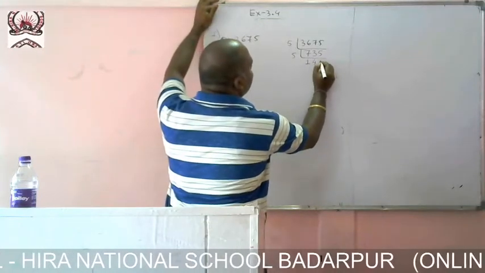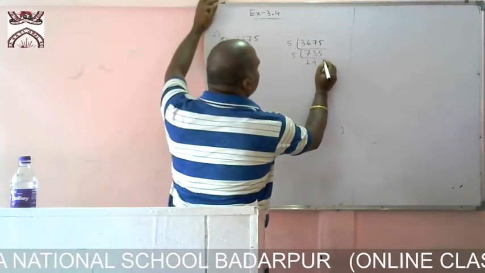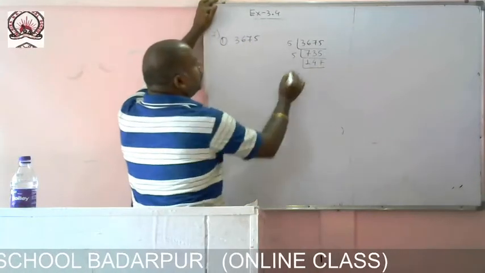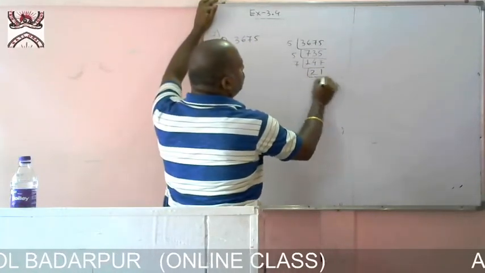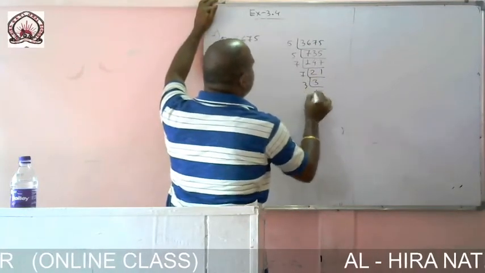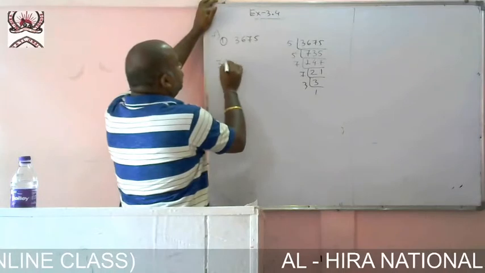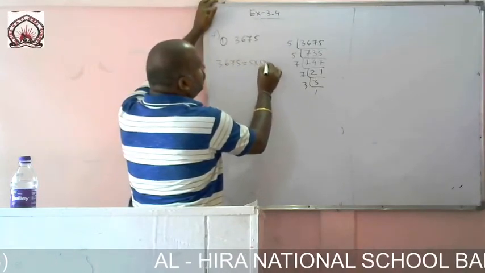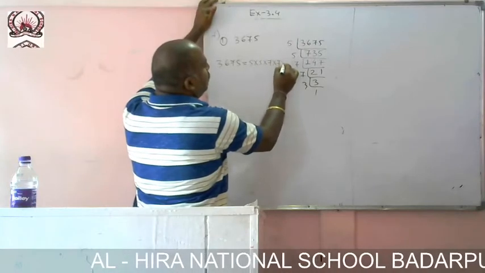So what you can write, 3675 equals 5 into 5 into 7 into 7 into 3.